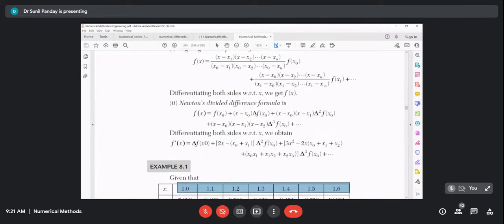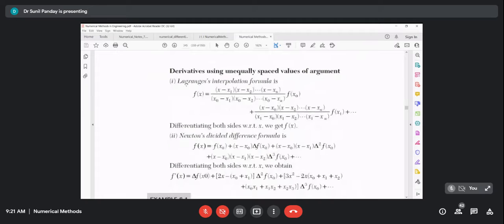For unequally spaced data, I already told you to find the polynomial using either your Lagrange interpolation formula or Newton divided difference interpolation formula, then differentiate that polynomial and put x equals to whatever value where the derivative is required. Or you can take the method where we constructed the formula for unequally spaced data and discussed in earlier classes. You can apply those formulas also.